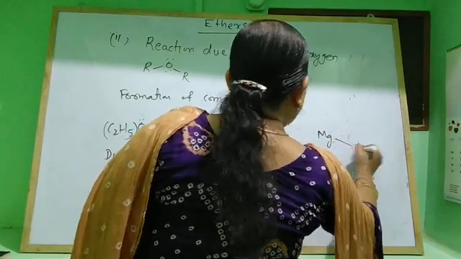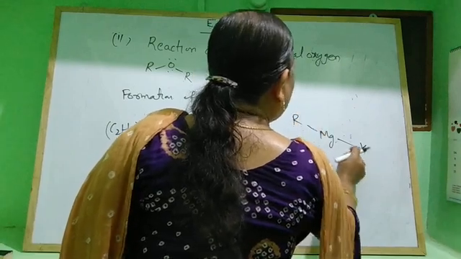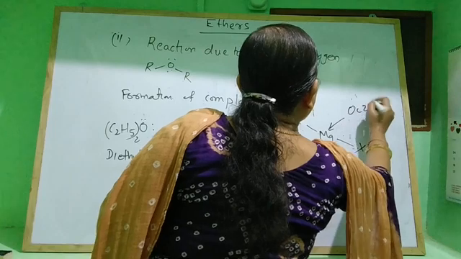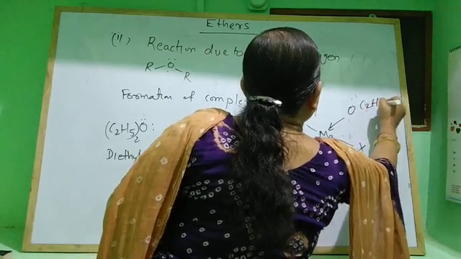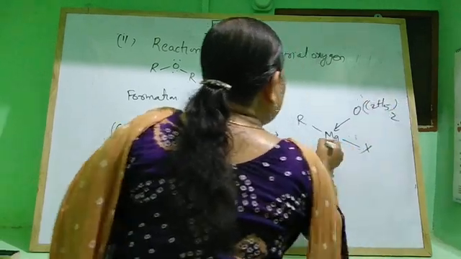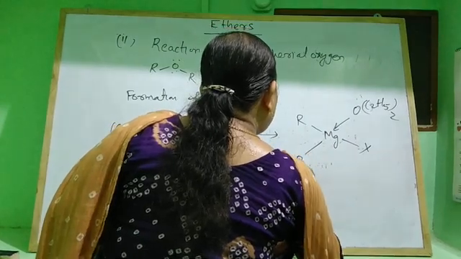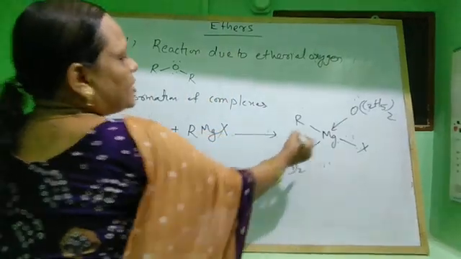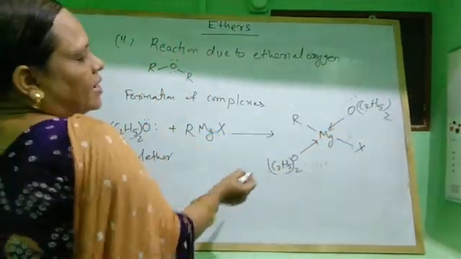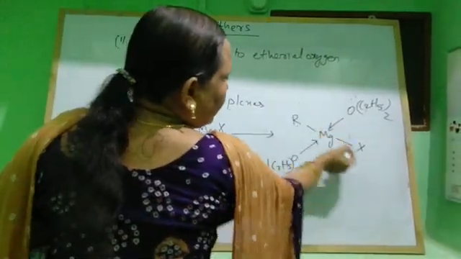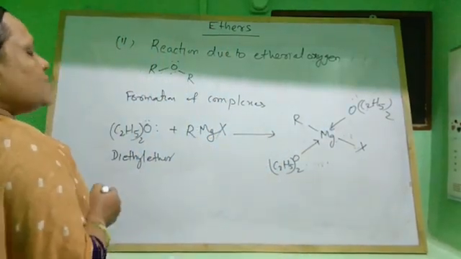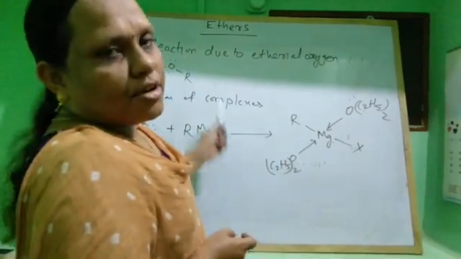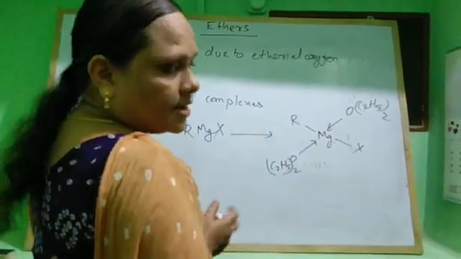So here is the halogen, here the alkyl group, and a coordinate bond by ether. So it forms a coordinate bond by ether and two covalent bonds with the alkyl group and halogen. In this way it acts as a complex, and ether is also used as a solvent in various organic reactions.